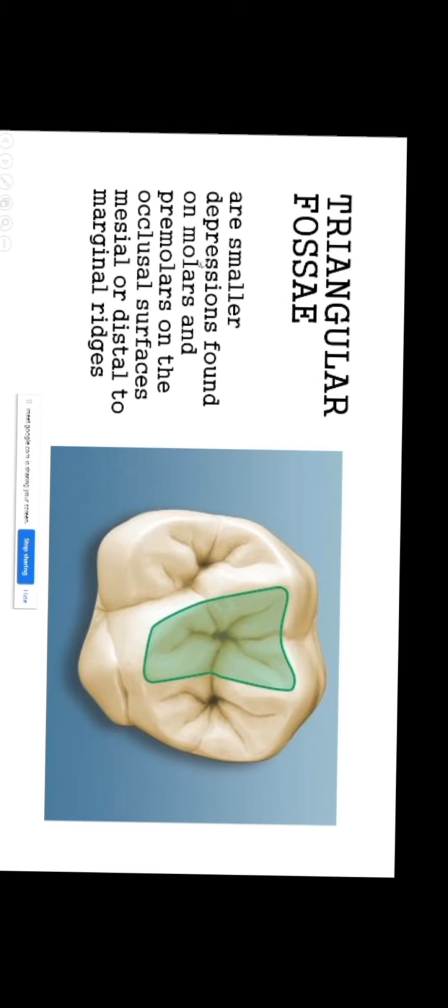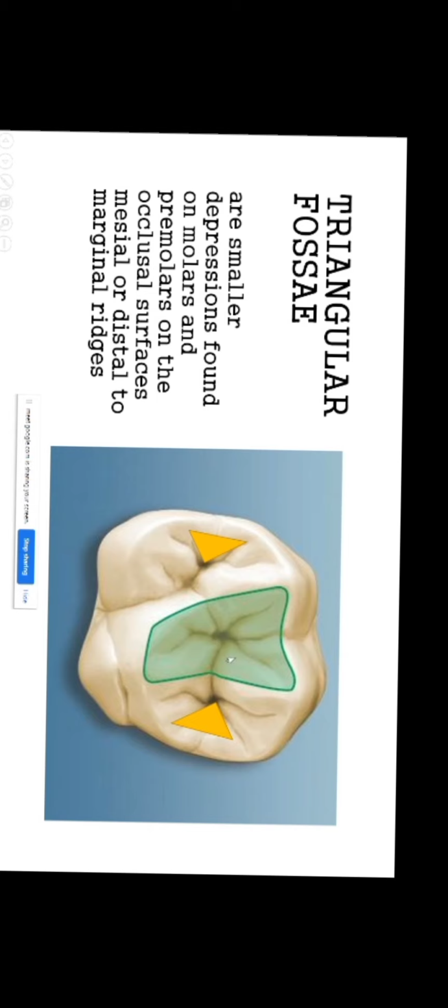Now, what is the triangular fossa? Depressions found on molars and premolars on the occlusal. We're facing the occlusal surface. This is a molar. They are found mesial or distal to the marginal ridges. These are your marginal ridges, your elevations. Beside the marginal ridges, you have your depression. Can you see the depression here? That's the triangular fossa.